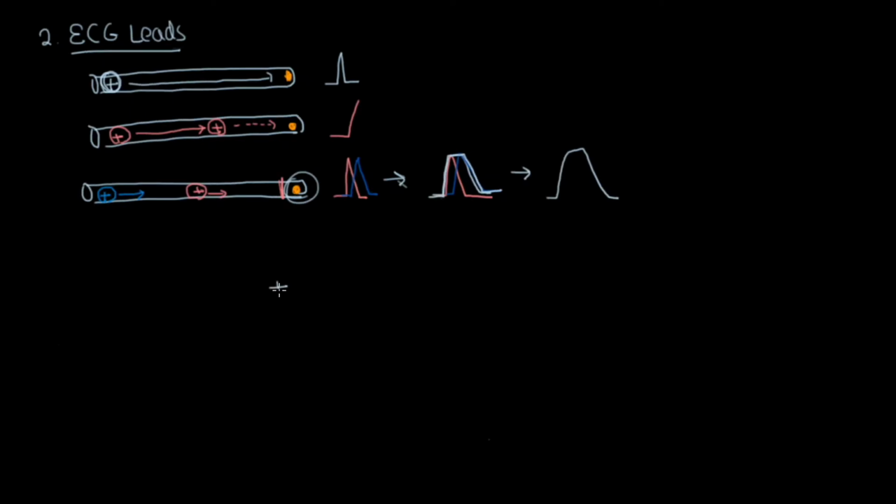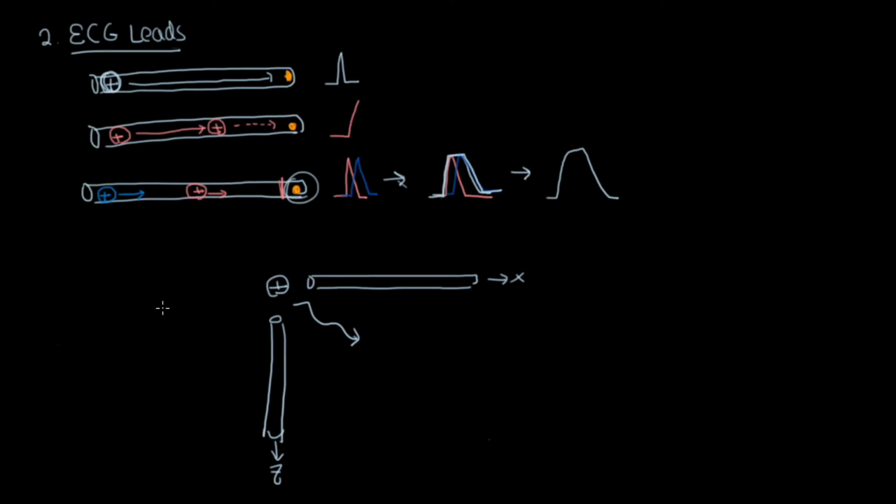So you may realize if you had a charge and you wanted to characterize its movement in three-dimensional space, then you would have a tube going this way, the x direction, another tube going that way, in the z direction, and then one coming out at us, in the y direction.